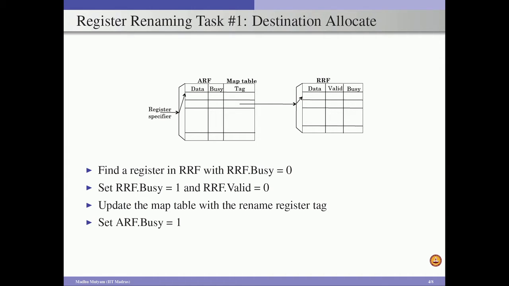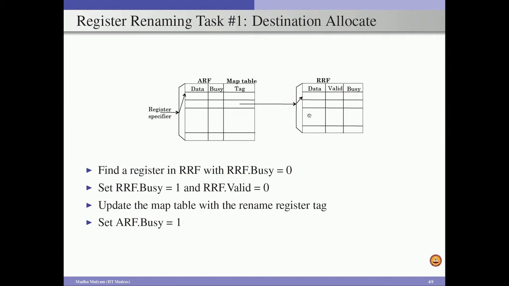So, whenever we want to select an entry in the RRF, we scan through all the busy bits, and whichever entry has a busy bit reset, we can consider that register as a rename register for the destination register in our instruction. So, the first step is to select an entry whose busy bit is 0 in the RRF.